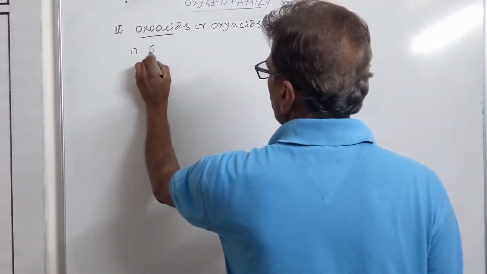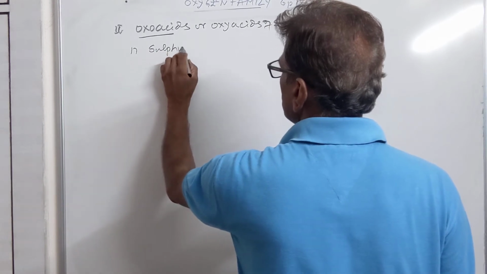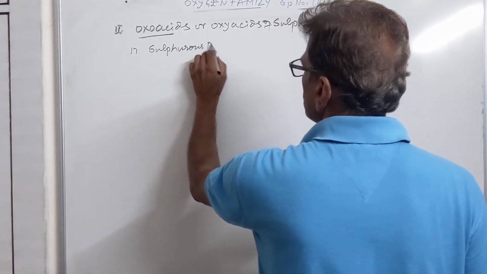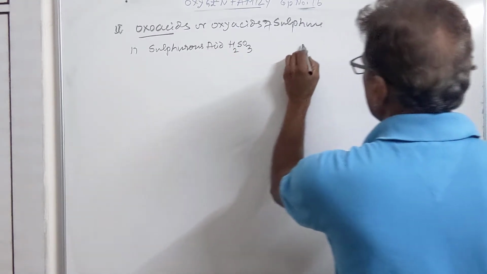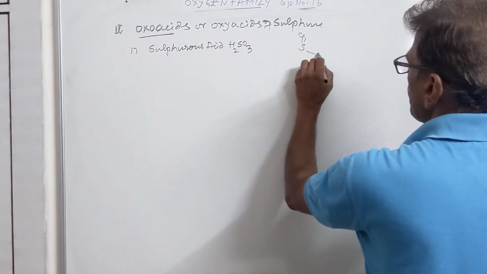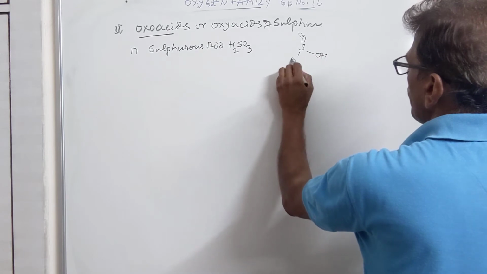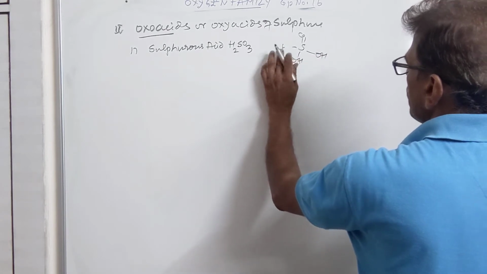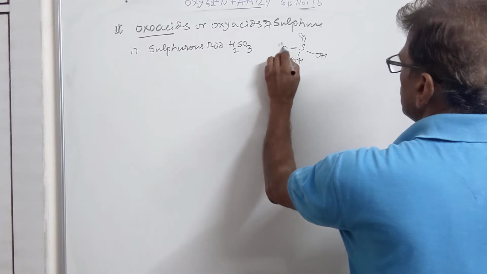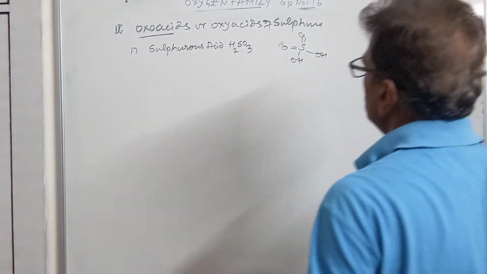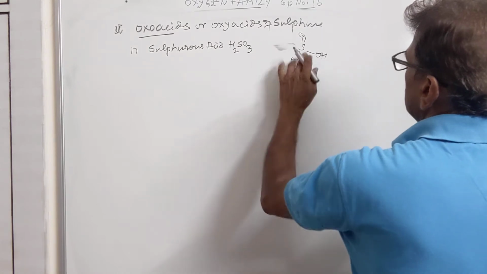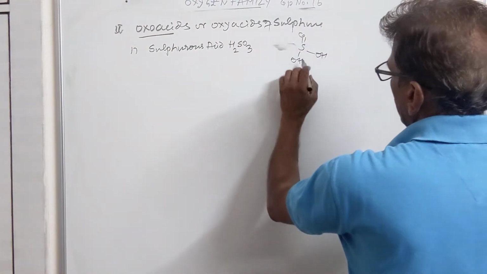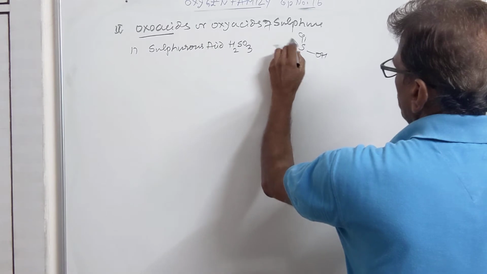Number one is sulfurous acid. Formula is H2SO3. It has 4 electrons shared and 1 lone pair is left on it.